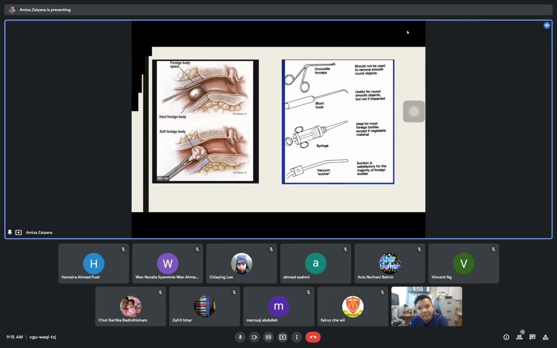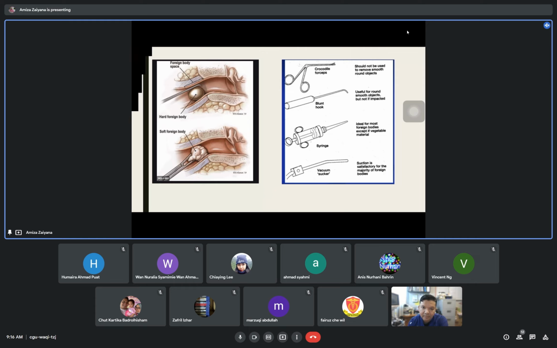There are a few tools that we may use to extract the foreign body. For example, we have crocodile forceps that should be used to remove a smooth and round object. Others, we have blunt hook, useful for round smooth objects but not if it is impacted.